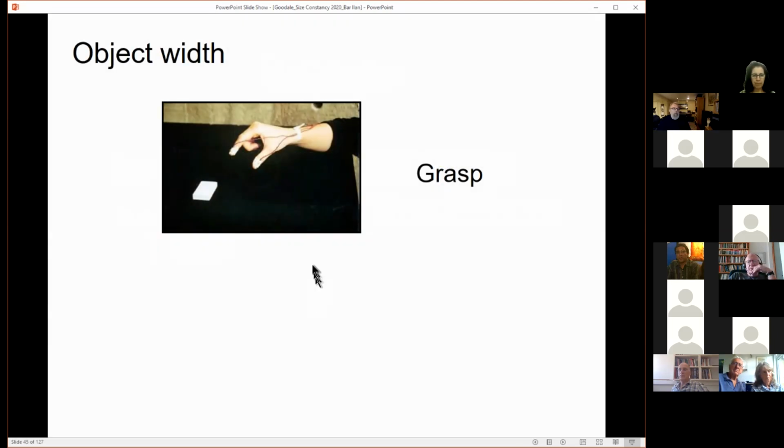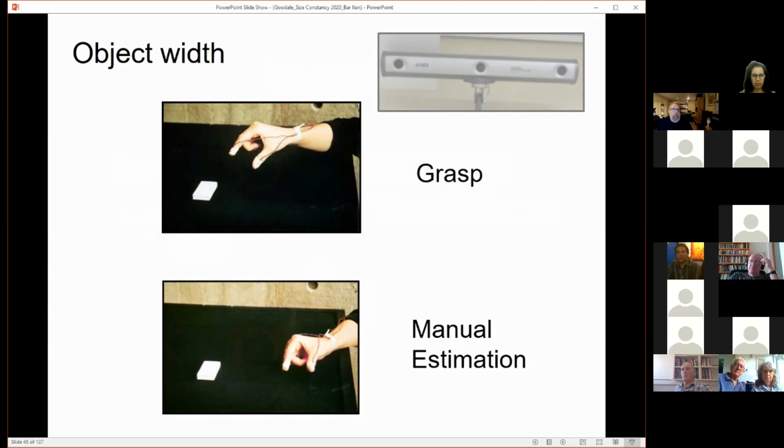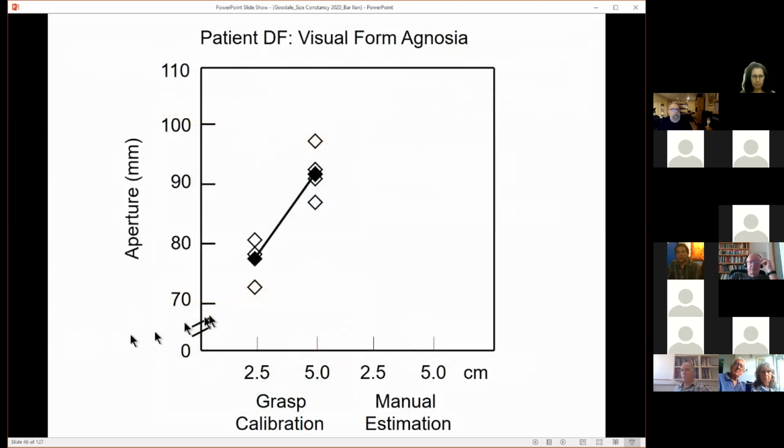So what happens when you ask her to reach out and pick up an object, or to give a perceptual report, to manually estimate its size by opening her finger and thumb a matching amount? It's an old story. We track these movements, and what we find is that when she reaches out to grasp objects of different widths, she opens her hand wider in flight for the wider one as compared to the more narrow one.